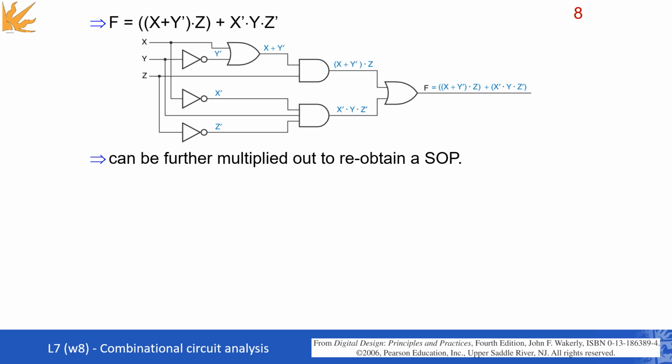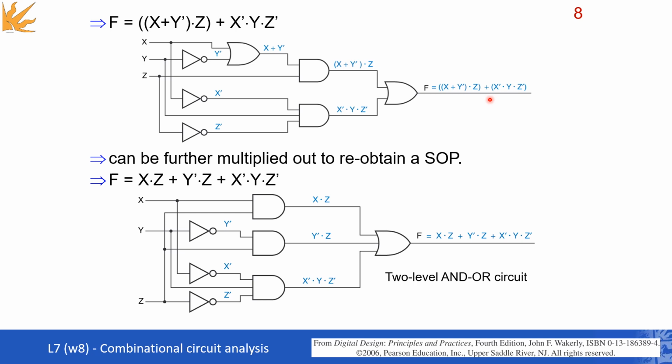Now, what is important to say at this stage is that if you do this linear algebraic process and you end up with a simplified form of the function, you can always further multiply in order to reobtain the sum of products. And if you do this, you will end up in a sum of products, although somebody may say that you're missing the products of 3 variables.